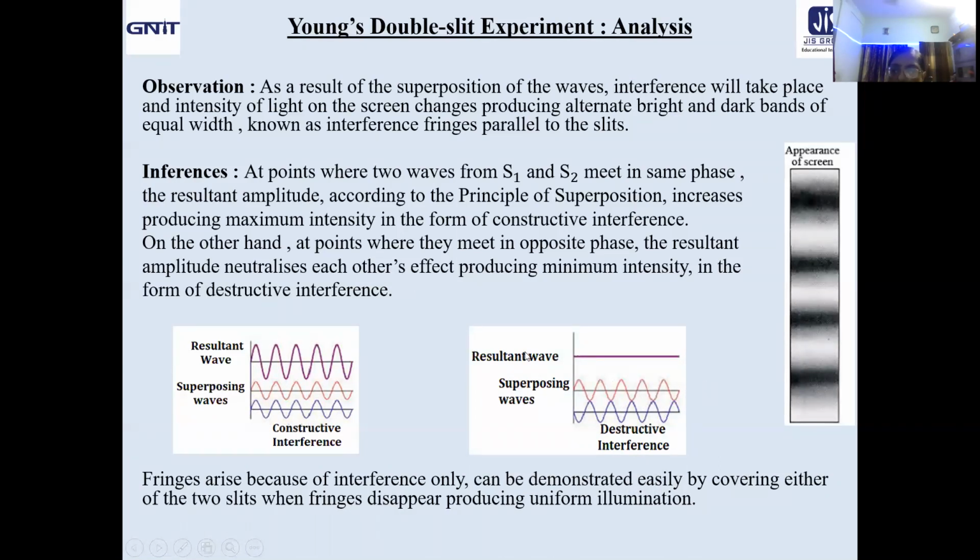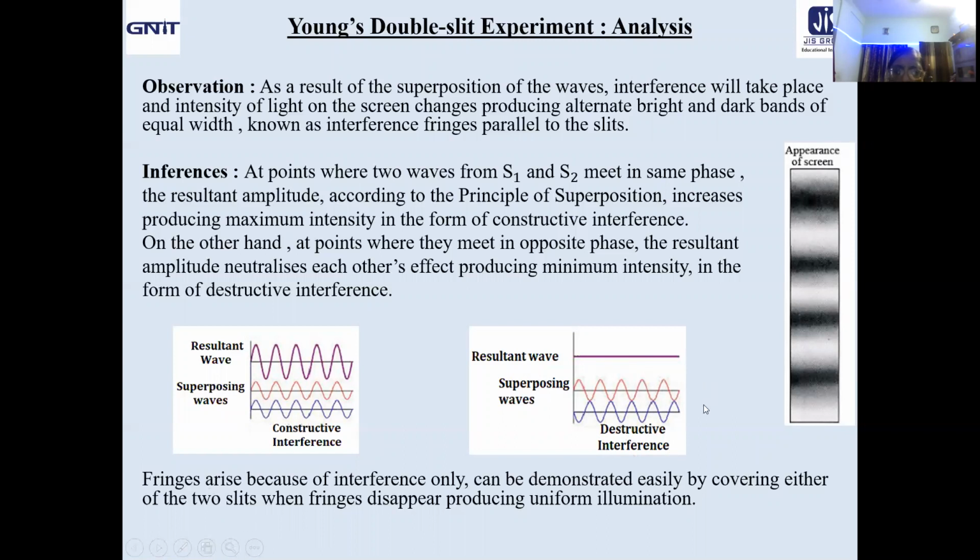That means what about the resultant wave? You are getting neutralization of amplitude with respect to each other. So what about the resultant intensity? Obviously, it will be minimum. If the amplitudes are exactly the same, then it will be zero intensity, and the corresponding interference is called destructive.